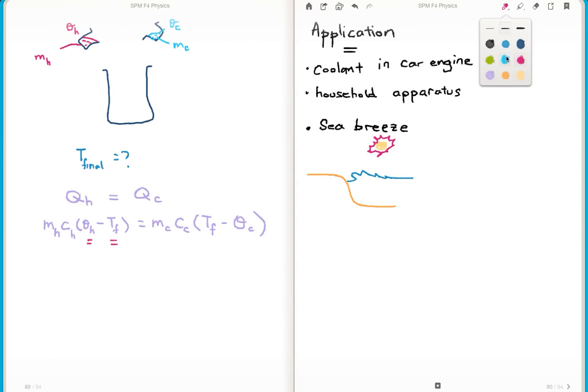So what happened to the sea? This is the sea water, and this is the sand and your land. In daytime, obviously this is daytime. Sand is actually silicate, silicon oxide. Seawater is a little bit salty, basically H2O. So what happened in daytime?